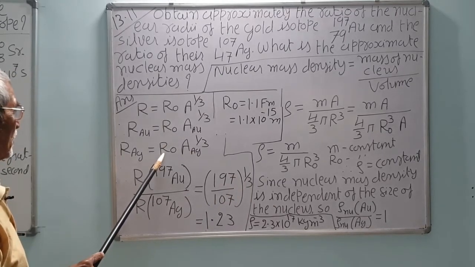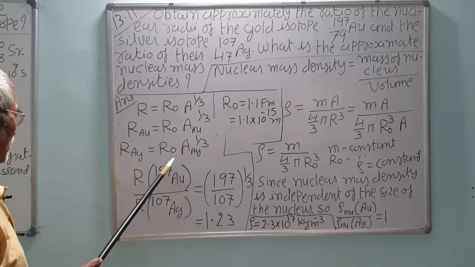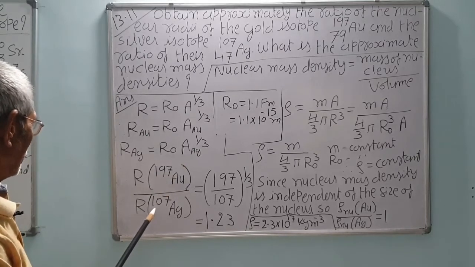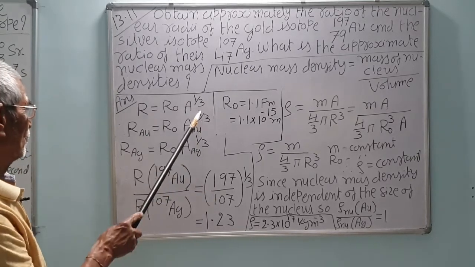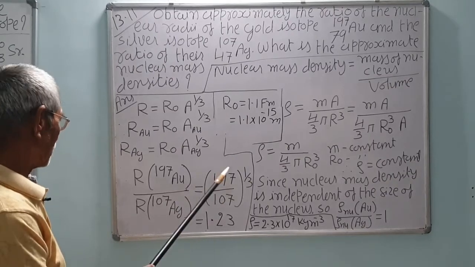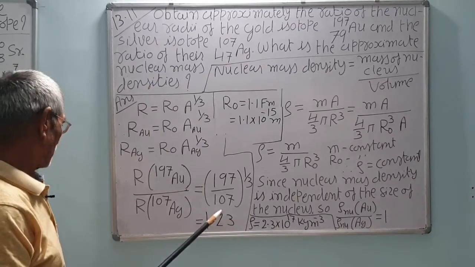This R0 will be cut. So, A Au upon A Ag, that is 197 upon 107 raised to 1/3, cube root of this one, and the cube root of this one is 1.23, that is the answer.